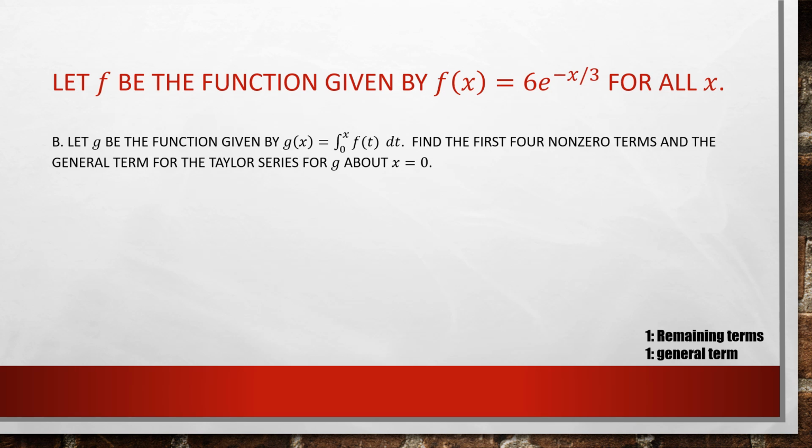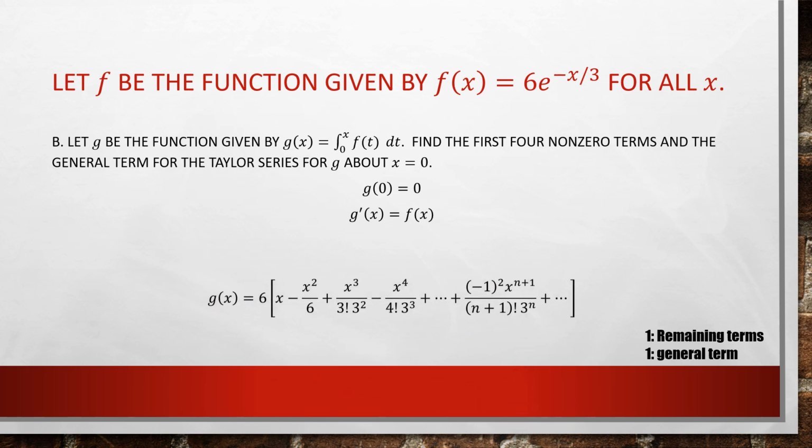All right, so the next one says, let g be the function given by g of x is the integral from 0 to x of f of t. And they want the first four non-zero terms and the general term of the Taylor series about 0 again. All right, so basically what they're just asking us to do is integrate f of t. I did a little bit extra work on this one, but really they just wanted you to integrate f.